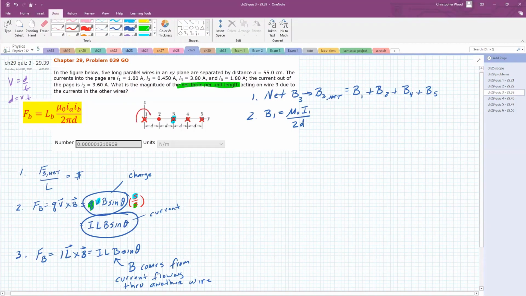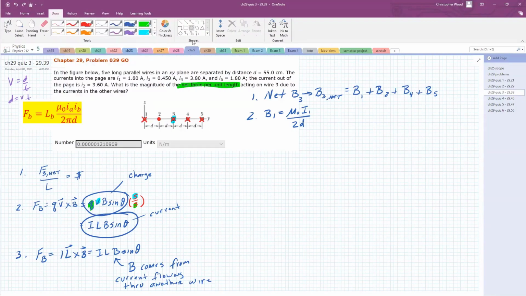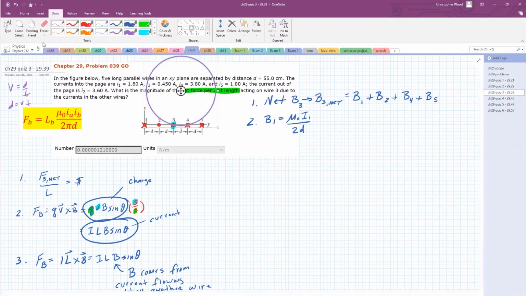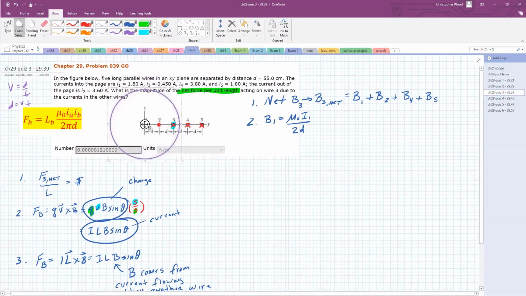This is a job for a whole bunch of concentric circles, but I don't care about any of these concentric circles except for the one. I'll do this maybe one more time because I think you guys are seeing it, and let me know if you're not. Here's the concentric circle centered on wire 1 that encounters wire 3.